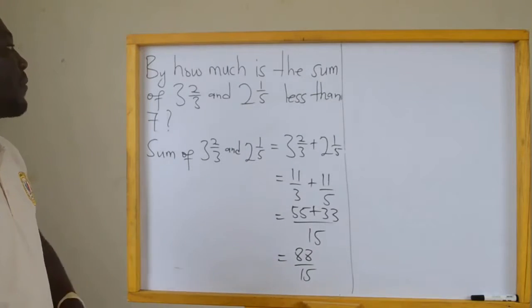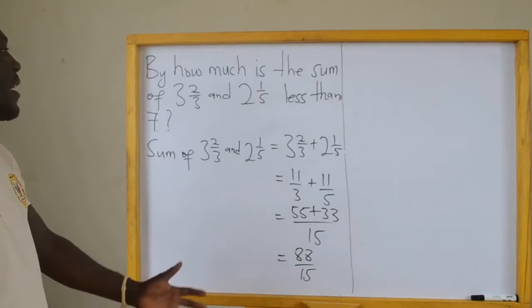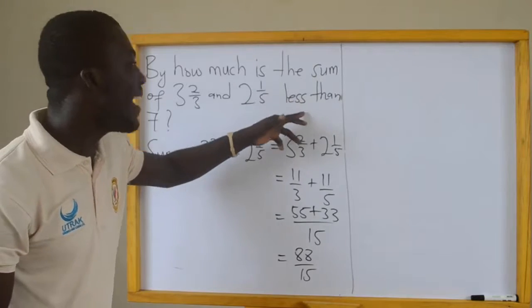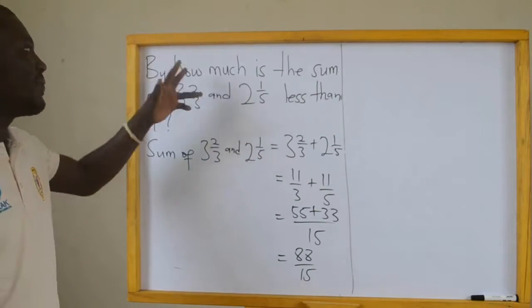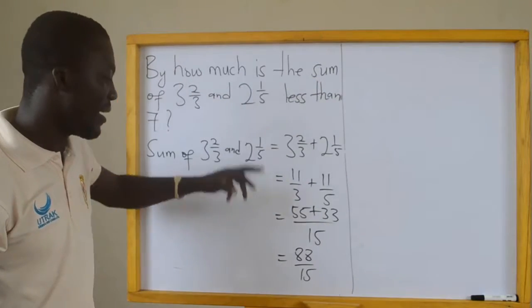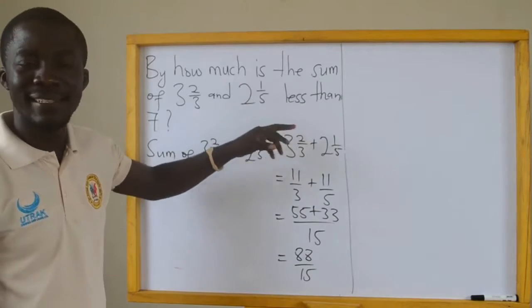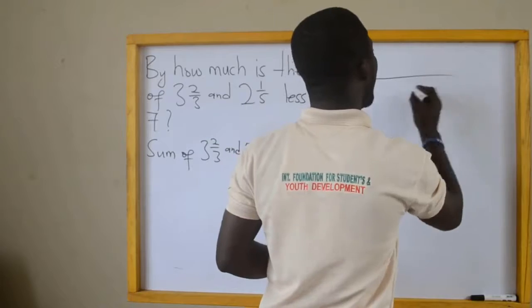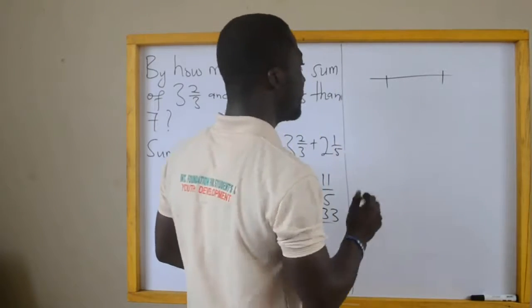And the next part of the question is saying the sum is less than 7. By how much is the sum, as we have here, less than 7? I'm going to use the real line to explain this one.